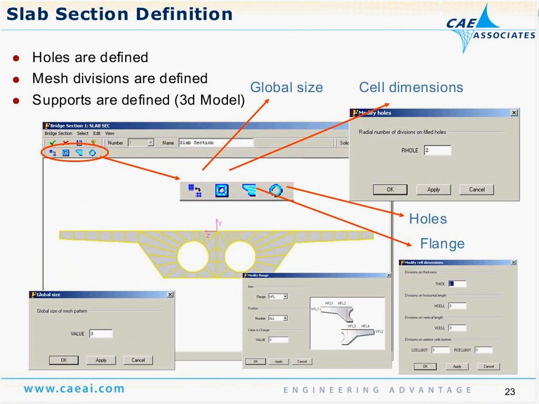So the slab sections, another capability within the slab section module is the ability to put holes. So you can put in a series of holes in your slab section. You can have these holes be continuous, where they may run the full length of the bridge, or they can be discontinuous, where, for instance, at the column supports, it can be, again, a solid section.